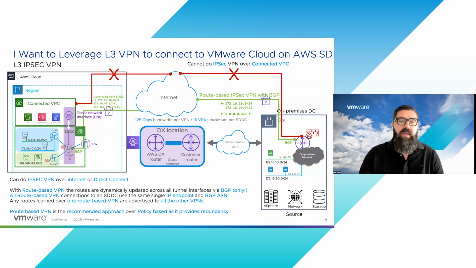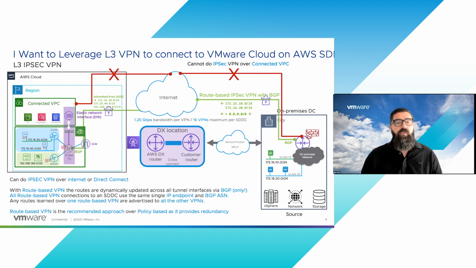Remember that you can have a maximum of 16 VPNs connected to one SDDC, and you can have 1.25 Gbps of bandwidth per VPN. We can connect IPsec VPN over the internet, or we can do it over Direct Connect.